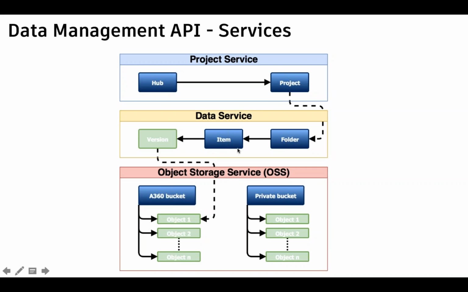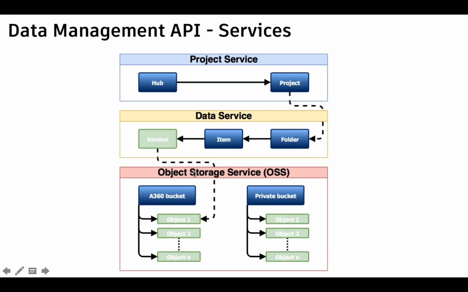The first time you upload a file, you will get an item, and then a first version of that item. If you upload a modified version of the same file, then the service will automatically create a new version of this item.